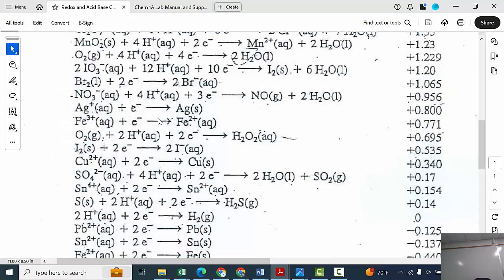So H plus, you're the oxidizer. Nitrate, you're the spectator. Is there a problem with this? H plus, you're the oxidizer. Nitrate, you're the spectator. What's the problem with this? Do you see the problem? Yes? No?